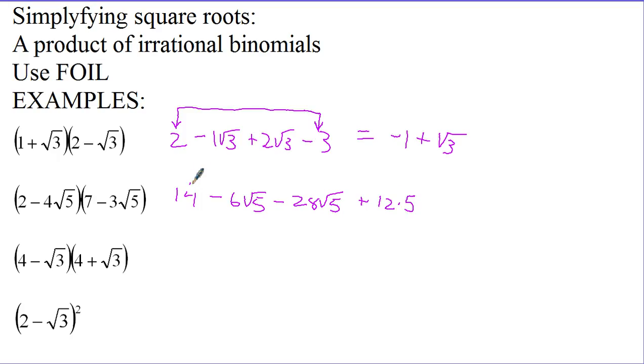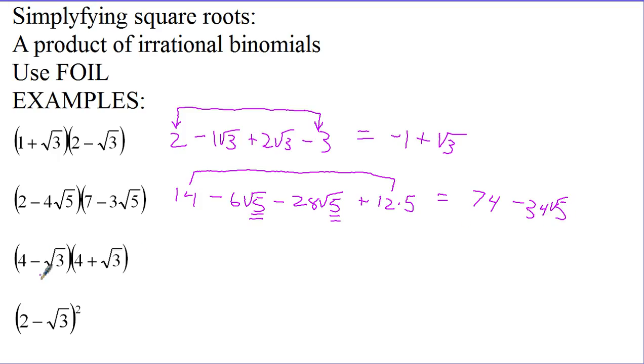Again, notice the first and last terms will be nice rational numbers. 12 times 5 is 60, positive. 14 plus 60 is 74. And the inside terms are also like terms. Square roots of 5 added to square roots of 5 are more square roots of 5. In this case, negative 34 square roots of 5.